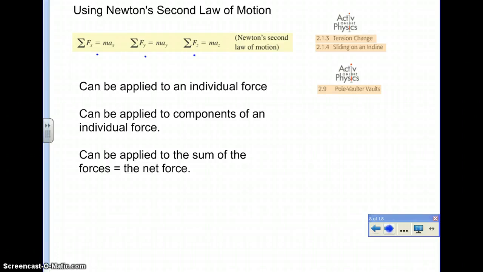There's a vertical version of this, and then there's a forward and back version of this. I highly recommend that you check out these active online physics activities by clicking on them in the e-text, the electronic version of your text on masteringphysics.com, because I think when you do, you'll see a lot of applications for Newton's second law of motion.